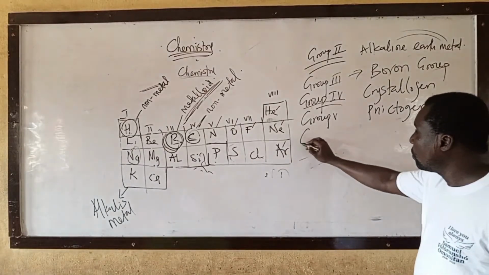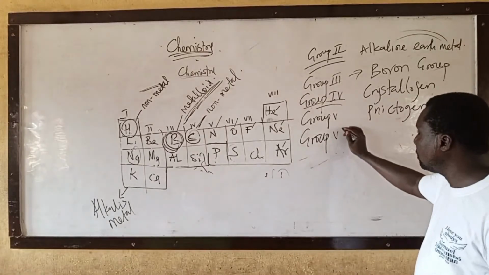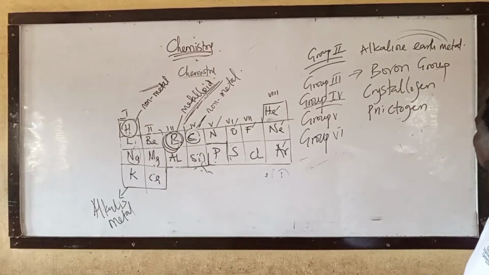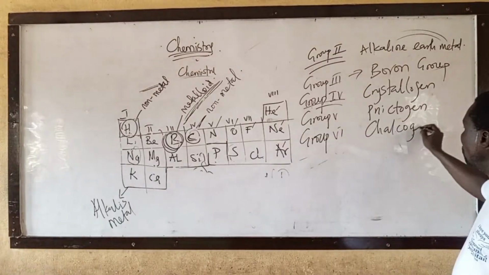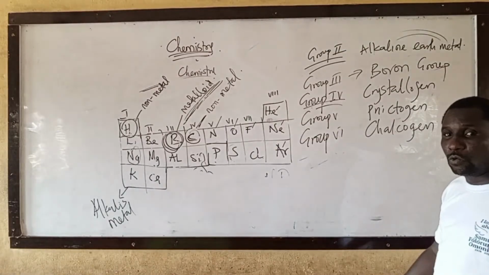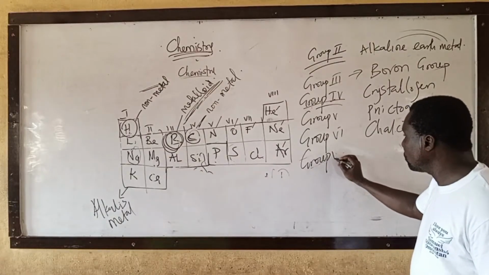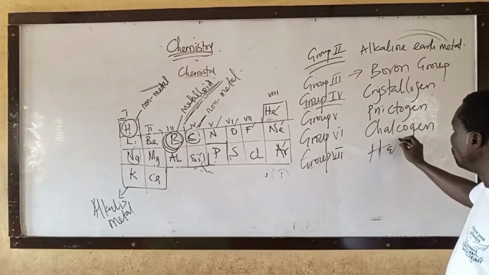Group 6 are known as chalcogen. Group 7, you are familiar with this, halogen.